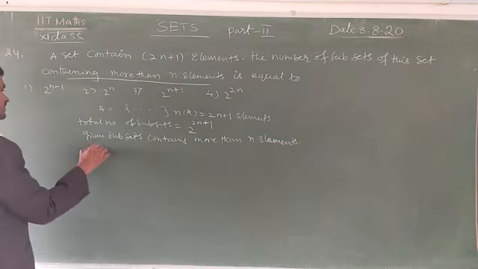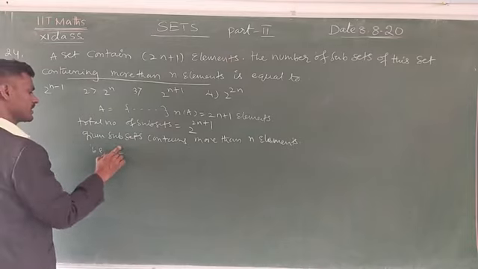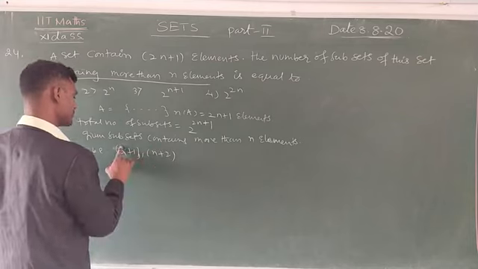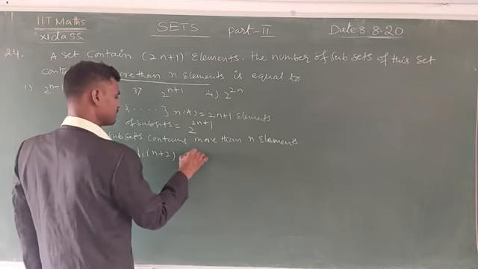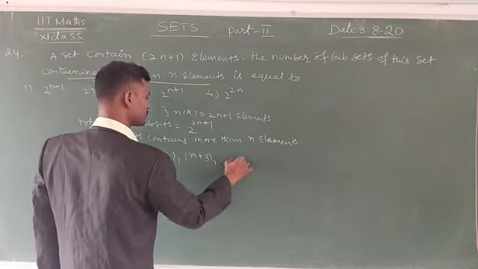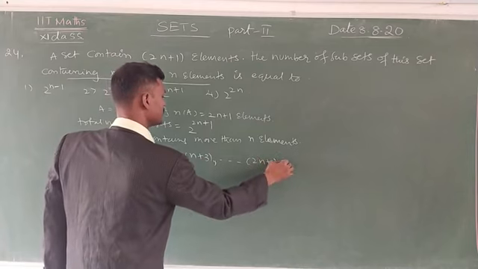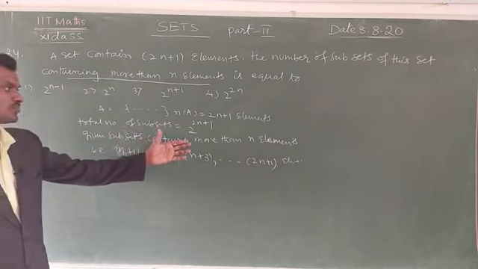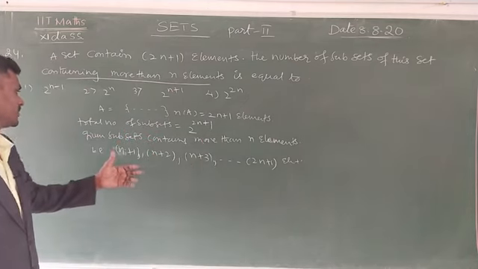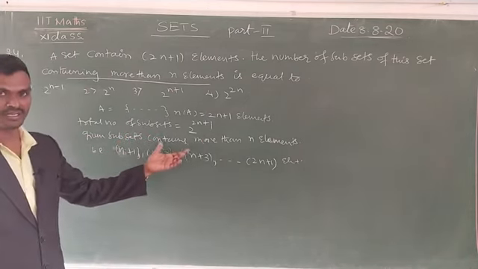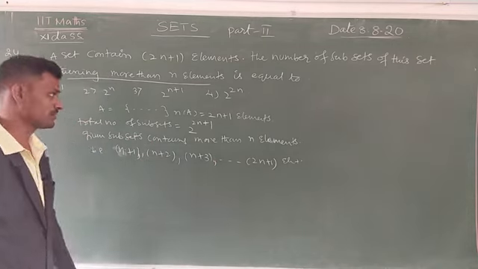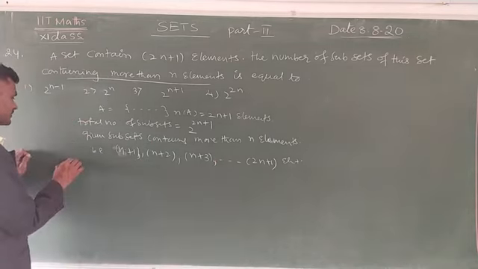That means n plus 1 elements, n plus 2 elements, n plus 3 elements, up to so on, 2n plus 1 elements. Here the given set contains more than n elements. More than n elements means n plus 1, n plus 2, n plus 3, up to 2n plus 1 elements. Now see here.